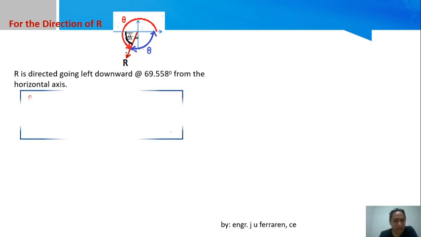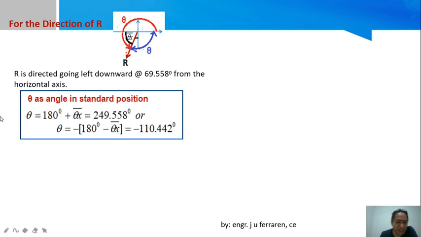But, as angle in standard position, then I can have my theta. The theta here is the one which is the positive angle counterclockwise. So there I have 180 plus the reference angle. We know that the reference angle has a value of 69.558. So adding the two, there I obtain this result.